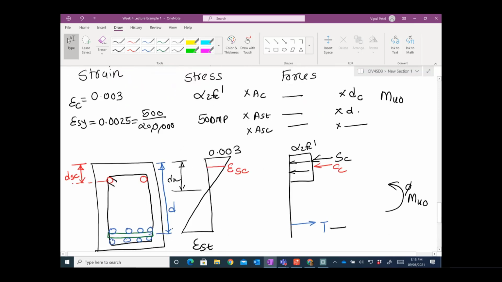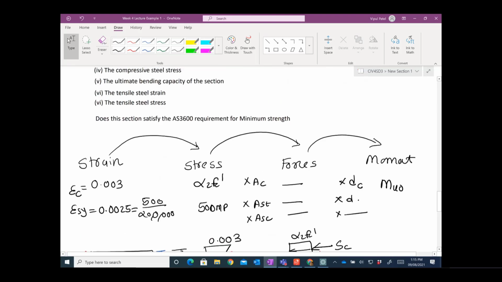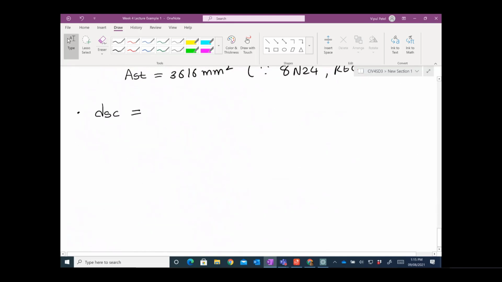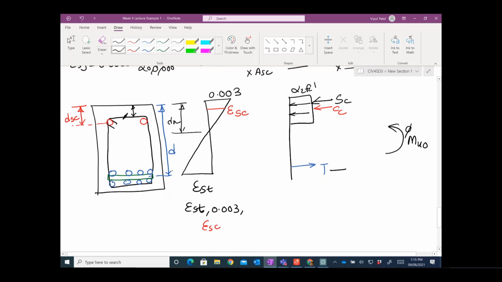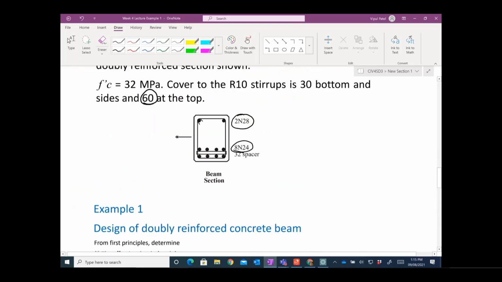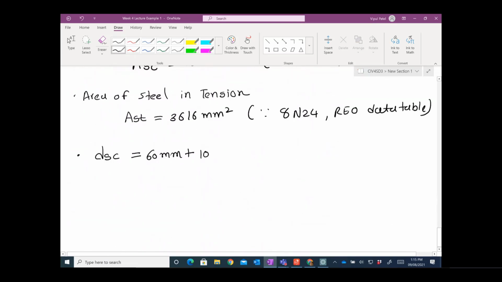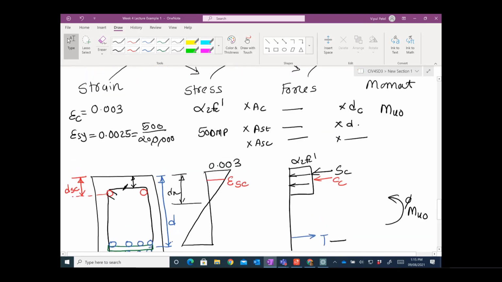Now the dsc you can get from the cover. What is the cover here? The top one is 60 millimeters. Let's put that 60 millimeters, plus the cover plus this stirrup. How much stirrup do we have? R10, so we have 10 millimeter stirrups. Plus we have this red Rio.